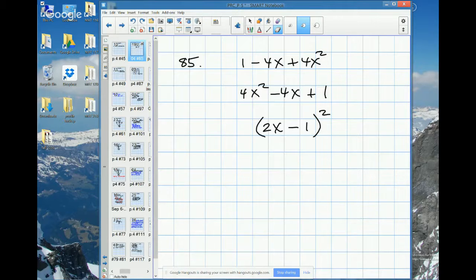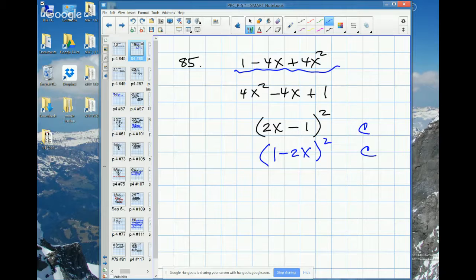So actually, you're right, alternate answer here. These are both correct. What they did is they left it in this order and saw that it was a perfect square trinomial. But your answer is perfectly correct.